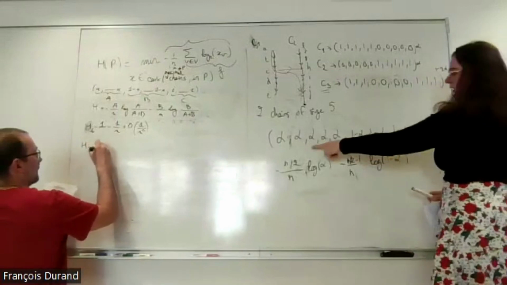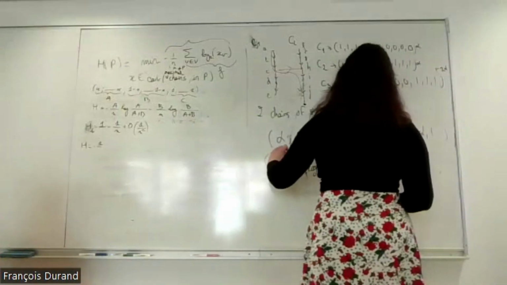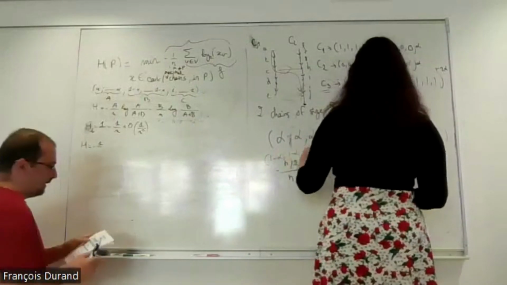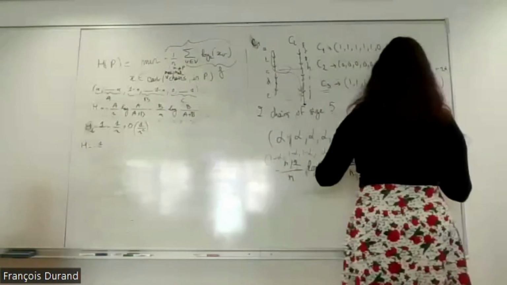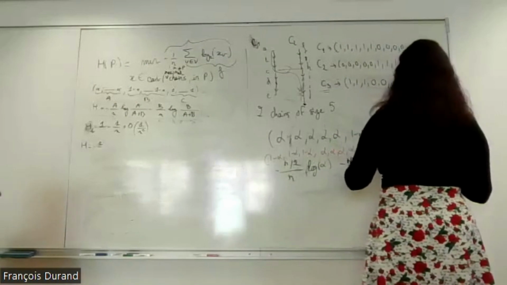Maybe I can just show how the vertex looks here. Is this right? Yes. So you have 3 here, and then alpha in the middle, and then 3, 1 minus 4 alpha for your particular case.